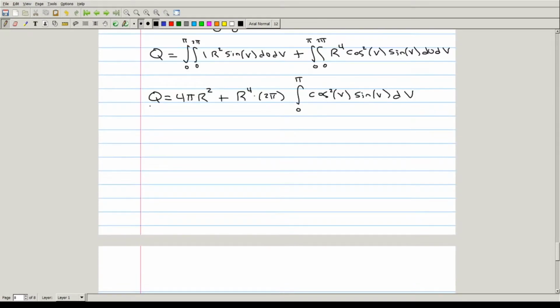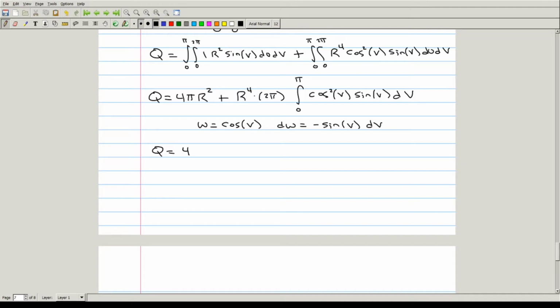And we can do a substitution here. We'll call it w substitution, w equals cosine of v, which means that dw is equal to negative sine of v dv.